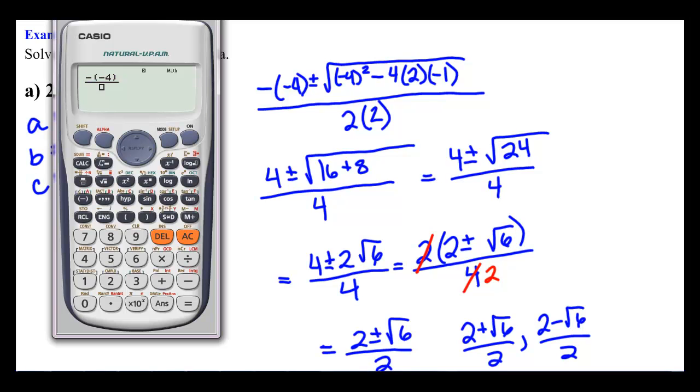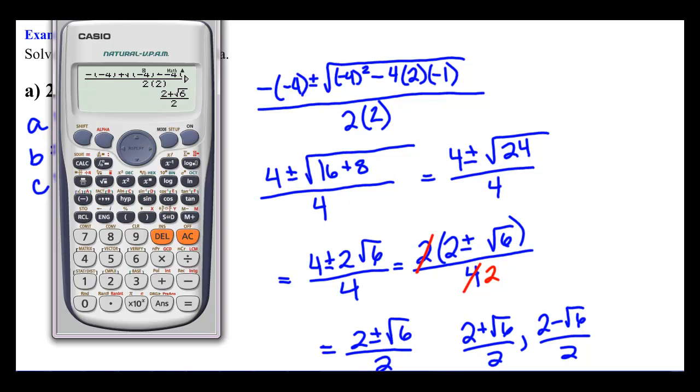We would have a -4, and then we can't do plus or minus at the same time, so I'm just going to pick plus, and then the square root of -4, don't forget your parentheses, squared, minus 4 times a, which is 2, times c, which is -1, and then all of that is going to be over 2a, or 2 times 2.